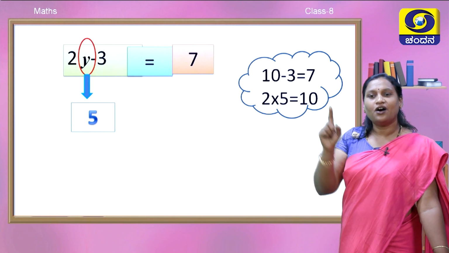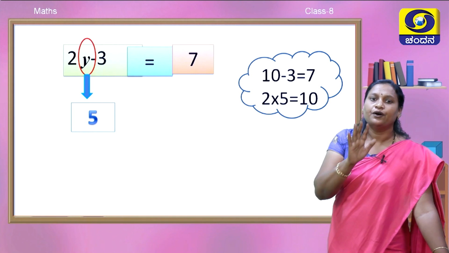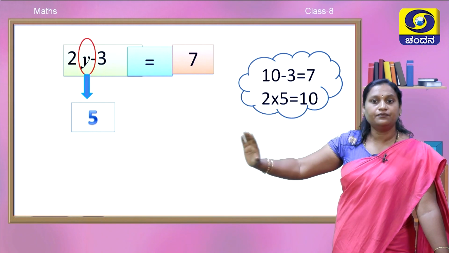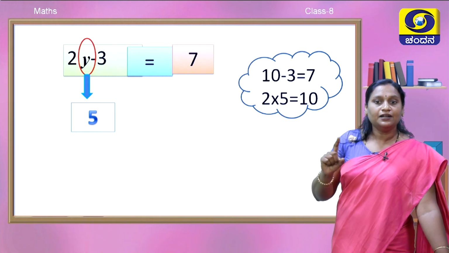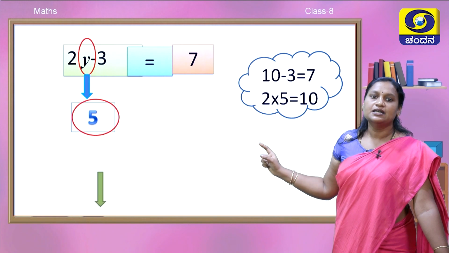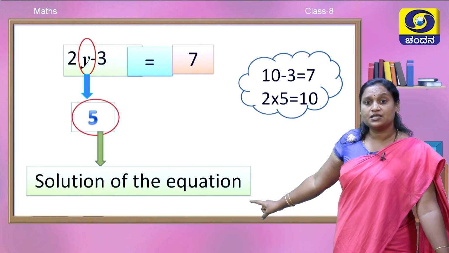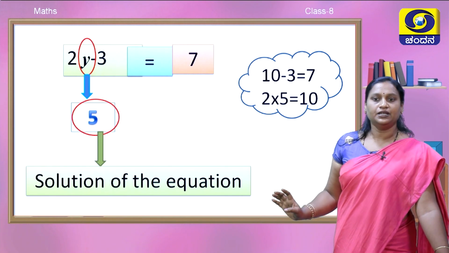Yes, you are all right. If you substitute 5 in place of y, the whole equation will become true, and that value is known as the solution of the equation. There is one more word used for the solution, it is the root of the equation.